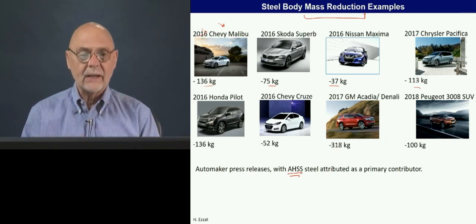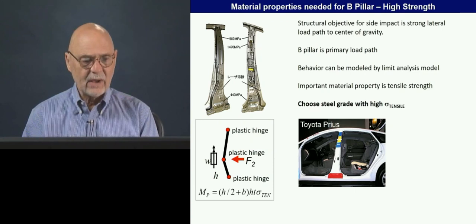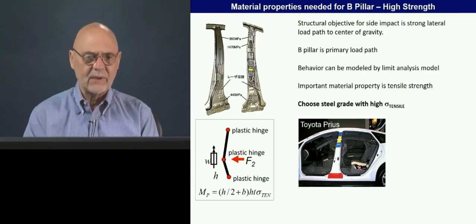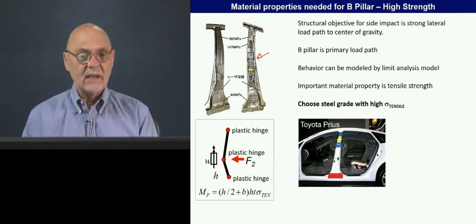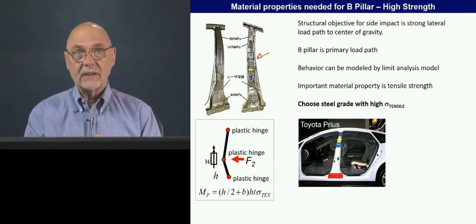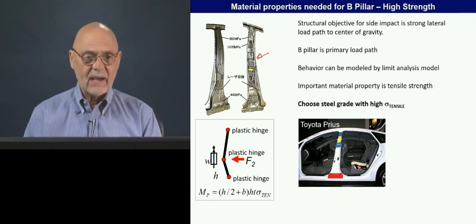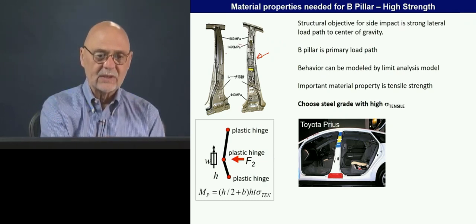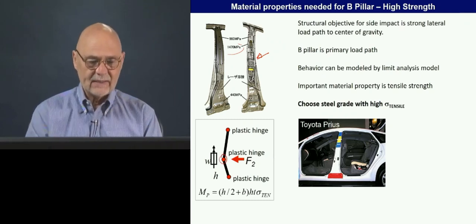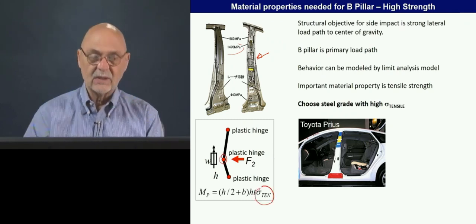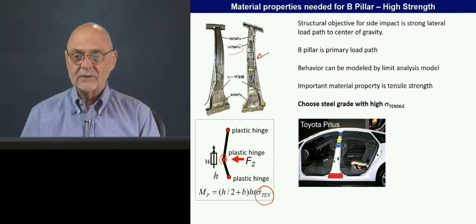In the last lecture, we looked at some of this. We won't go back into detail on this, but if you remember, we were looking at the side impact loading, particularly of the B-pillar, which is the major load path, and the need for a very high plastic moment, and that plastic moment is a function of the tensile strength of the material.